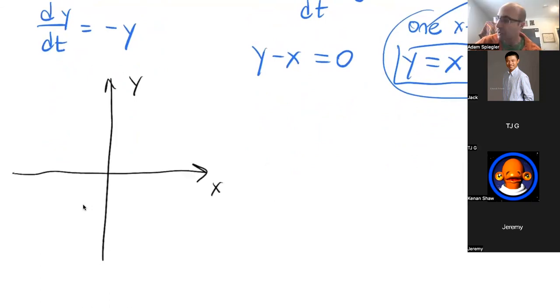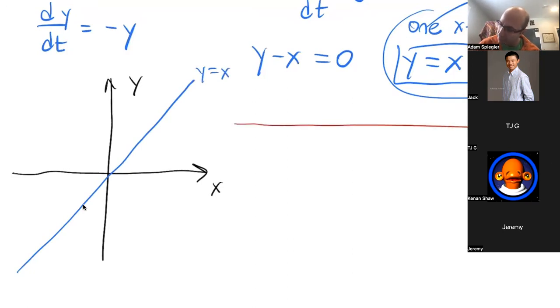And I'm going to start to sketch this out in the phase plane. So I just drew my line y equals x. Any questions so far?